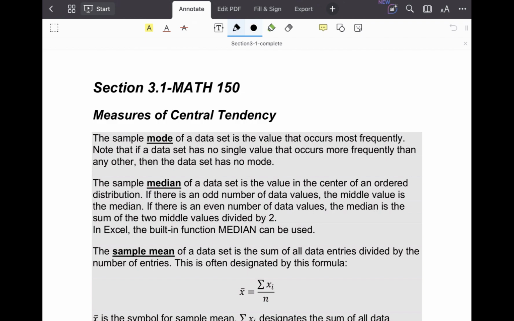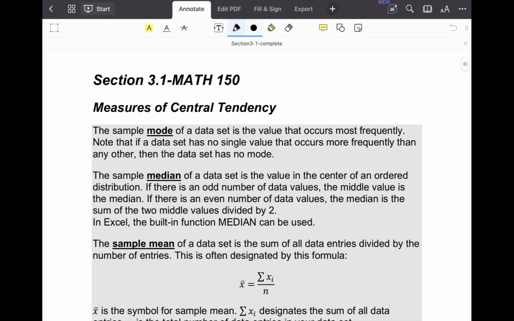The second one is called the median, and it's the center of the ordered distribution. So you take all your data points, you place them in order, and then you find the data point that falls right in the center, or you take the midpoint of the two that fall directly in the center.